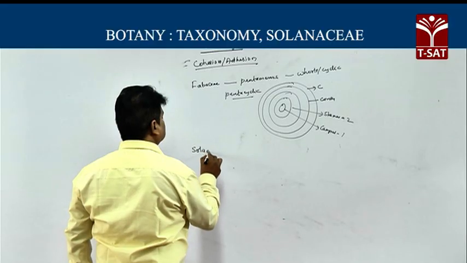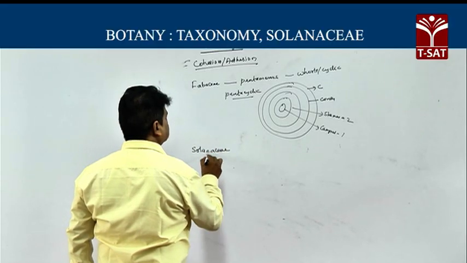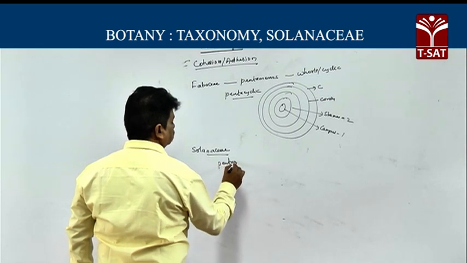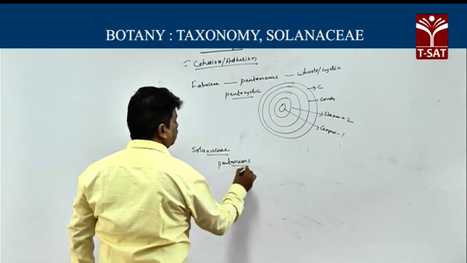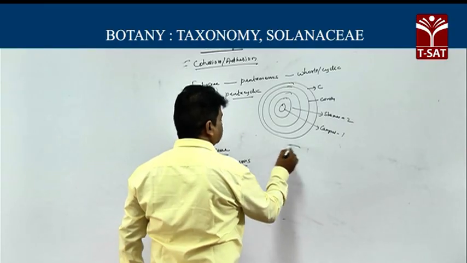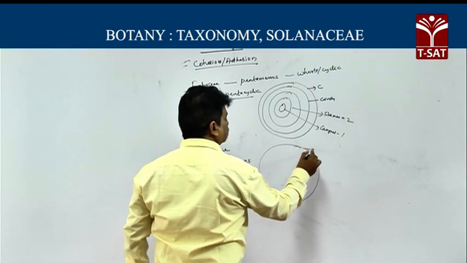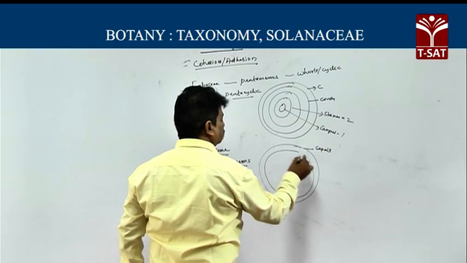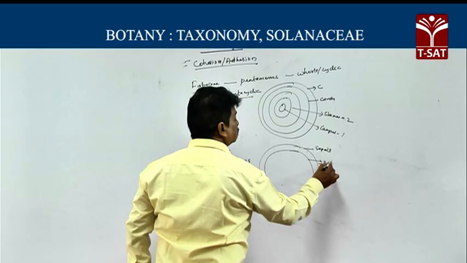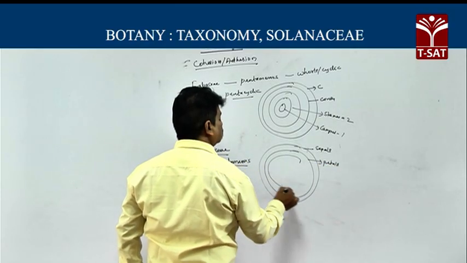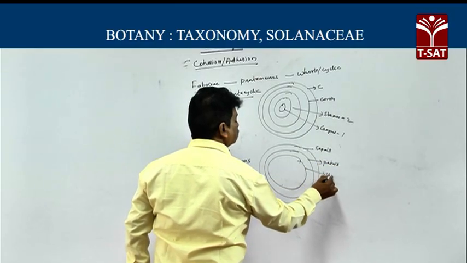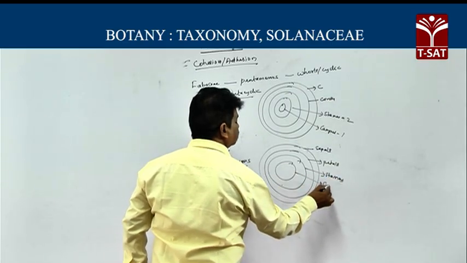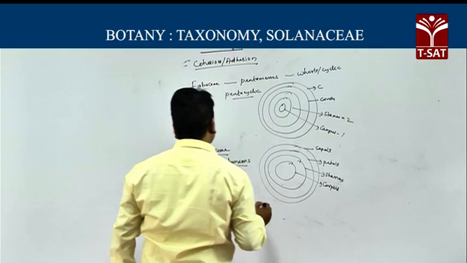For Solanaceae, Solanaceae dicot family, no doubt pentamerous, but whorls in Solanaceae: sepals 1 row, petals 1 row, stamens 1 row, carpels 1 row.